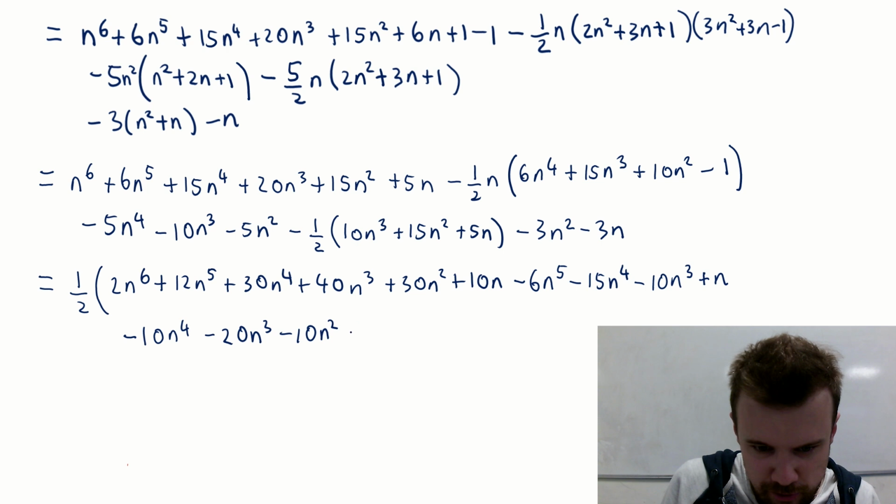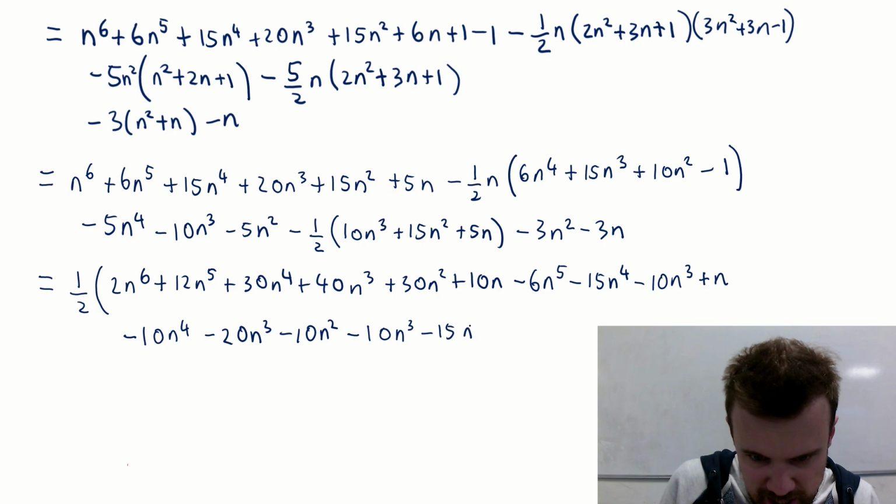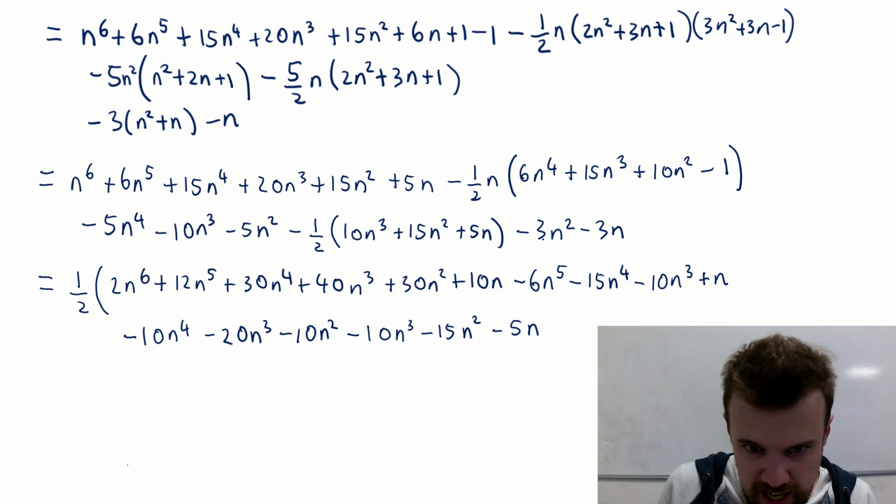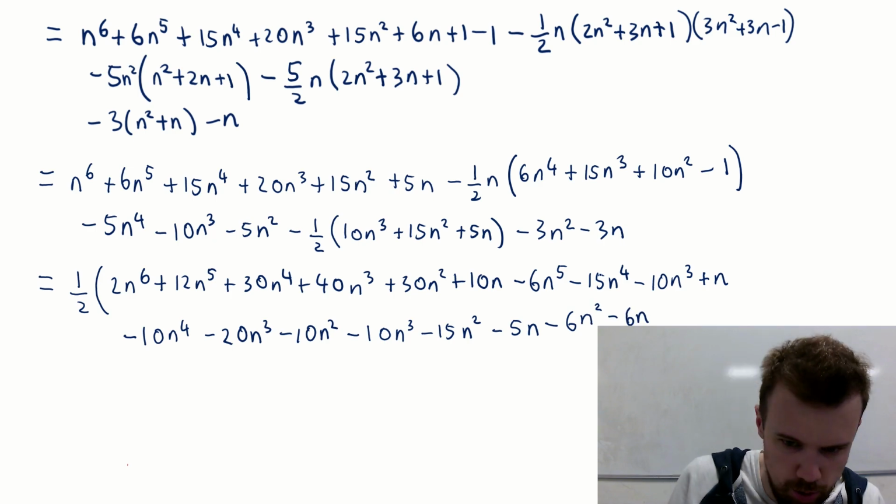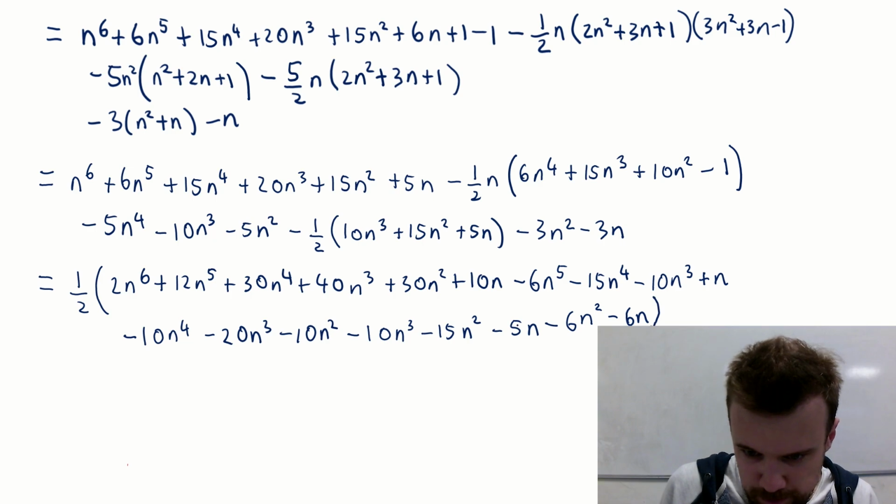That half has been factorized out, so we just need to make all those things negative. So negative 10n cubed, negative 15n squared, minus 5n, and then we've also got the last bits becoming double the size because we factorized the half out, so minus 6n squared minus 6n. And then close the brackets.